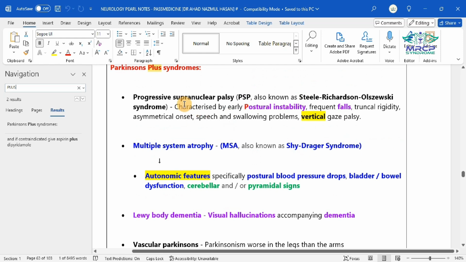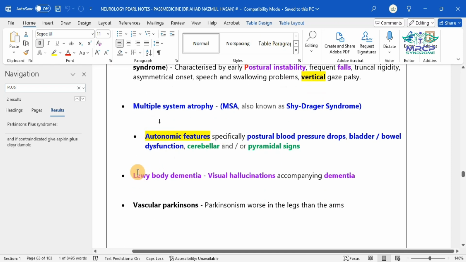Usually these three are most important for the exam: PSP, progressive supranuclear palsy, multisystem atrophy, and Lewy body dementia. In case of Lewy body dementia, the name suggests dementia. There will be features of dementia, but always remember the visual hallucination. Visual hallucination is the cardinal feature of Lewy body dementia.